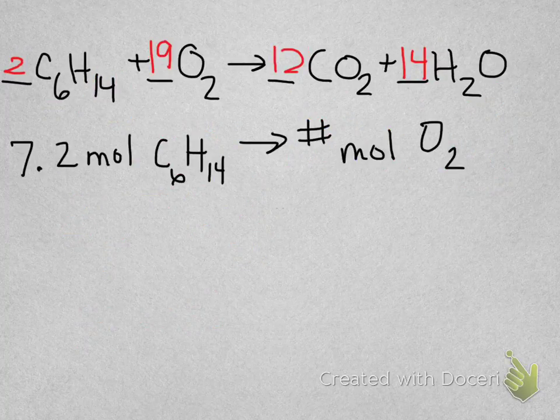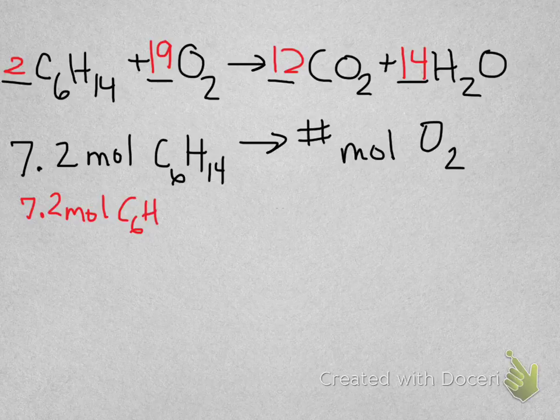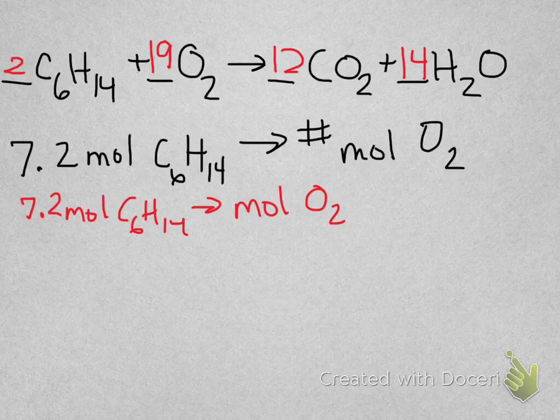So the question itself asks, if we have 7.2 moles of hexane, of C6H14, how many moles of oxygen would need to react? So we are converting from our 7.2 moles of C6H14 into moles of oxygen, and this is a one-step equation because we can see very directly this is our mole ratio.